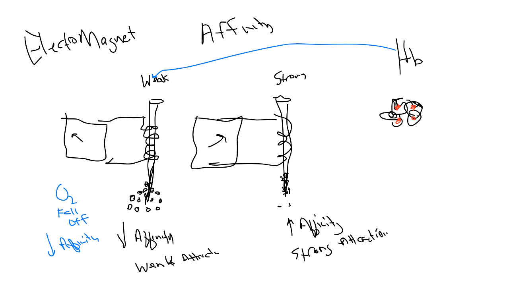But sometimes hemoglobin acts like this. And what it has now, it has a high affinity for oxygen. And if it has a high affinity for oxygen, oxygen is going to bind really quickly, and it's going to bind tightly. So oxygen is going to bind really fast and tight.